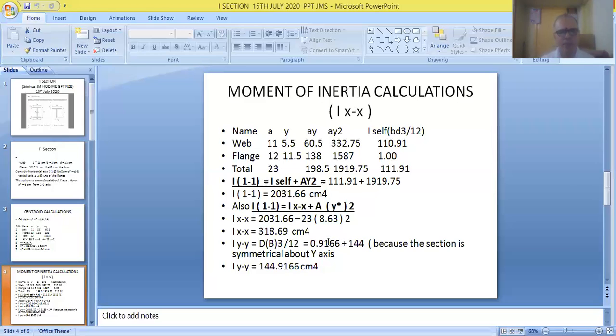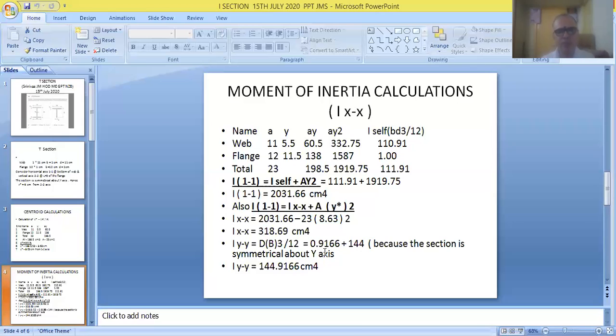So the I value for the web is db cube by 12. Here we have to measure individual values by taking this formula, db cube by 12, for each and every component. So find out the value for the first component.